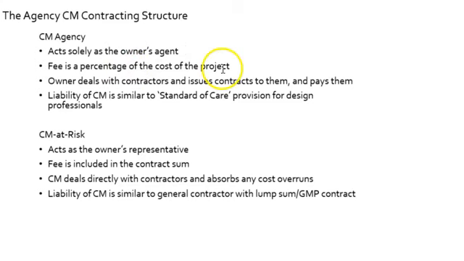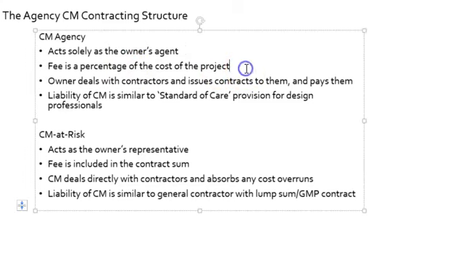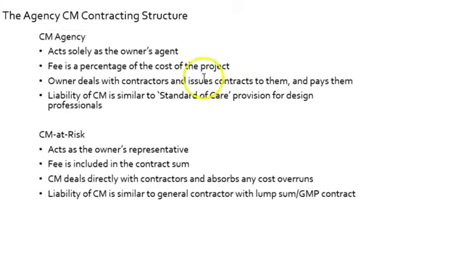The fee is based on a percentage of the construction project, so there's really no risk there for the construction manager. The owner deals with contractors and issues contracts to them and pays them, so they're dealing directly with the contractors. This person is not involved in that. And the liability of the construction manager here is similar to the standard of care provision for a design professional.